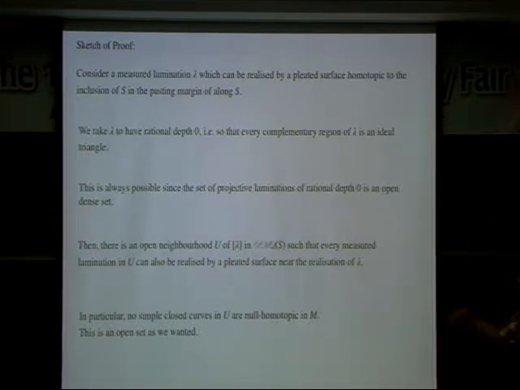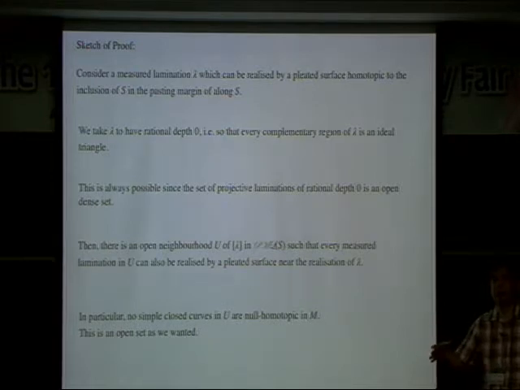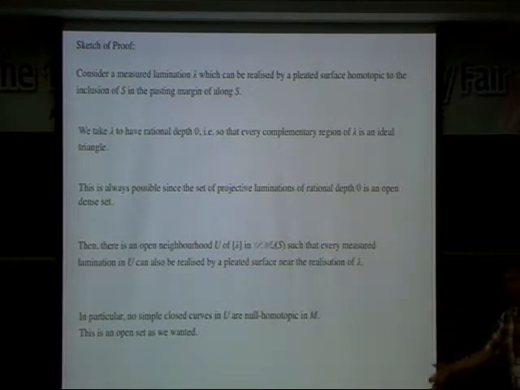Once you have a model, you can see that the actual manifold is approximated by the model, and the model is constructed from the hyperbolic compression bodies, which have a special property: except for something called the ending lamination, every lamination is realized.